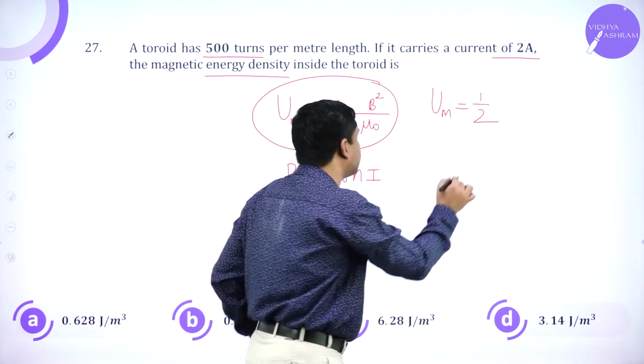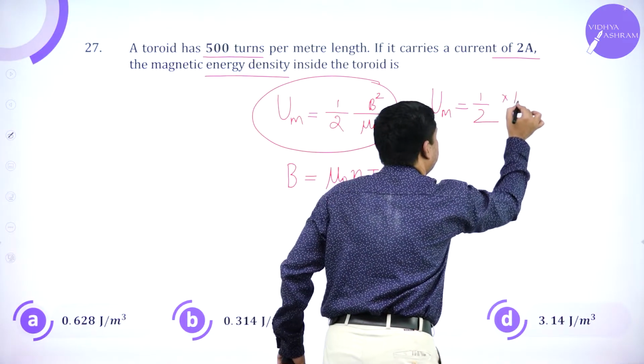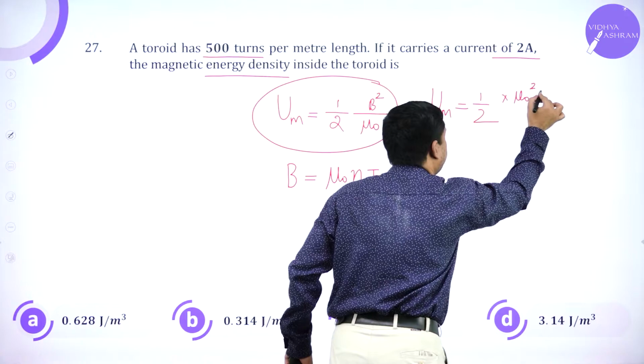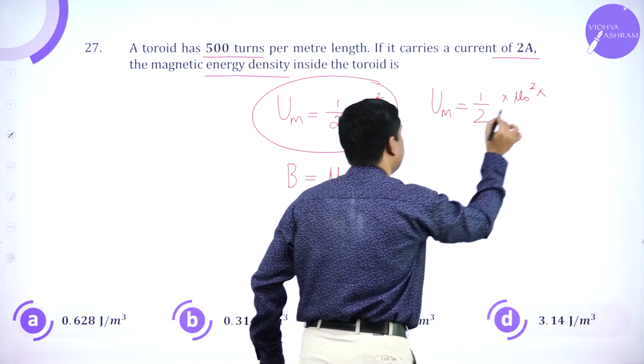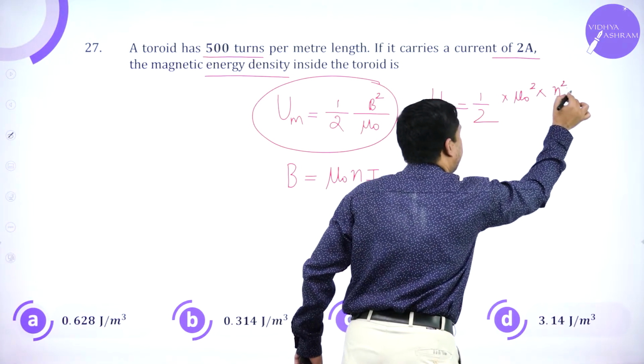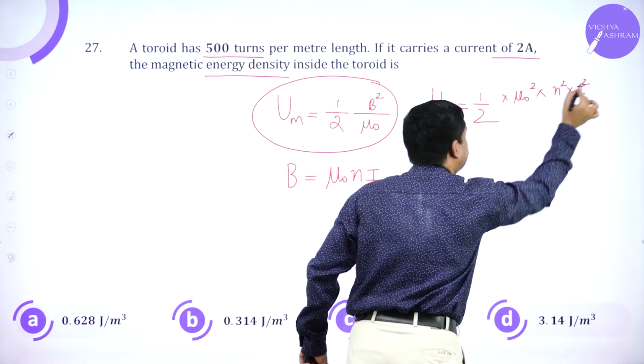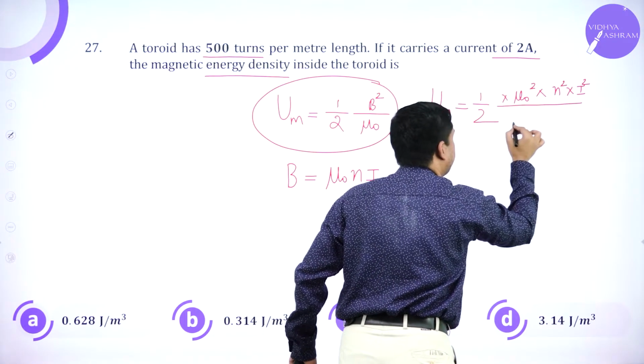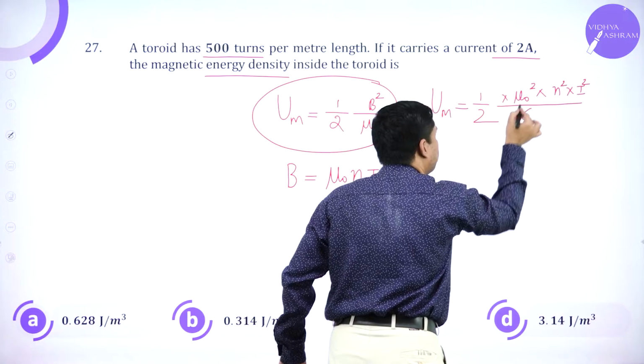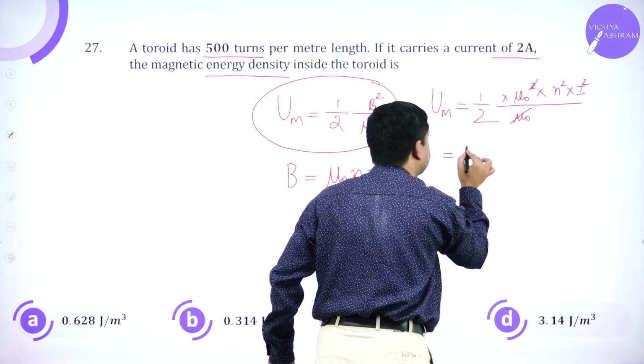So mu naught square into n square into I square divided by mu naught. A mu naught and mu naught get cancelled.